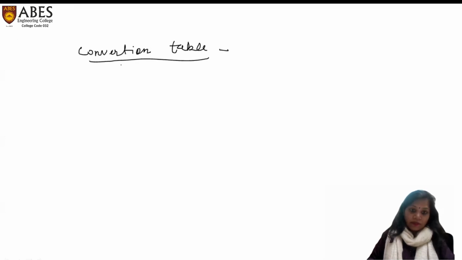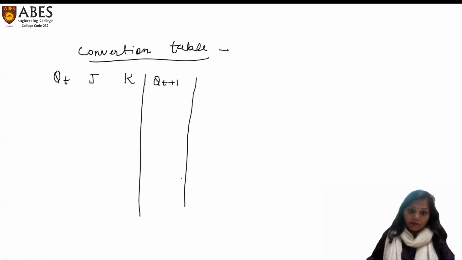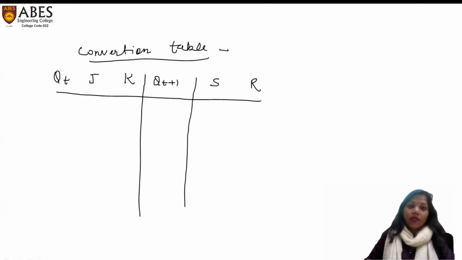For the conversion table, we take the characteristic table of JK flip-flop, Qt, J, K, Qt plus 1, on the input side, and the input conditions S and R on the output side.